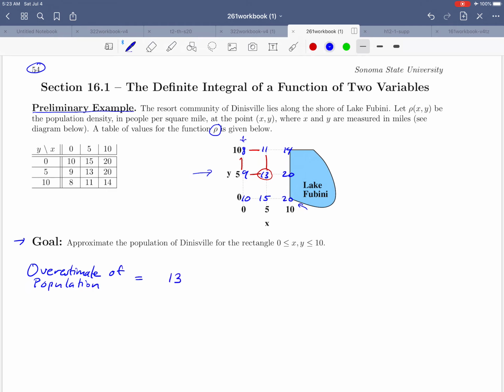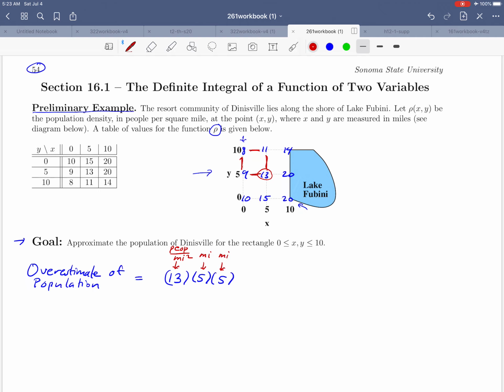So we'll take 13, that's the population density, and multiply by the area. What is the area of that subsquare, the square in the upper left-hand corner? Well, you can notice that that's a 5 by 5 square. So we'll get an area of 25, 5 times 5. Now let's do a quick units check here. 13 was measured in people per square mile, and 5, those were distances, the length and the width of the square.